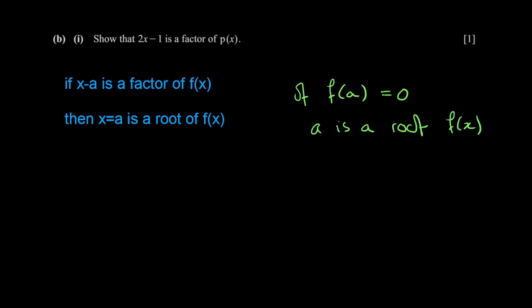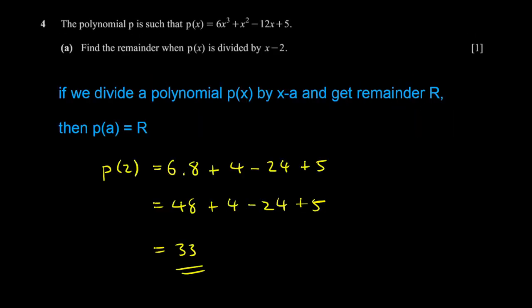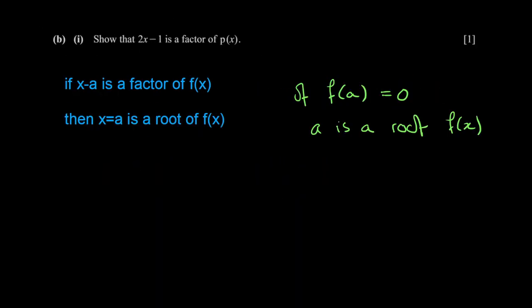So if 3 is a root, it means if we substitute 3 into the polynomial, we will get 0. If 5 is a root, if we substitute 5 into the polynomial, we'll get 0, which is the same thing as the remainder theorem, because we get a remainder of 0. So there's no remainder when we've got a root.